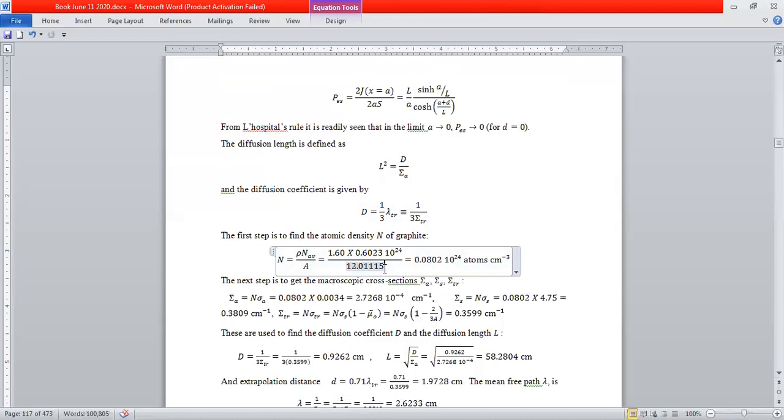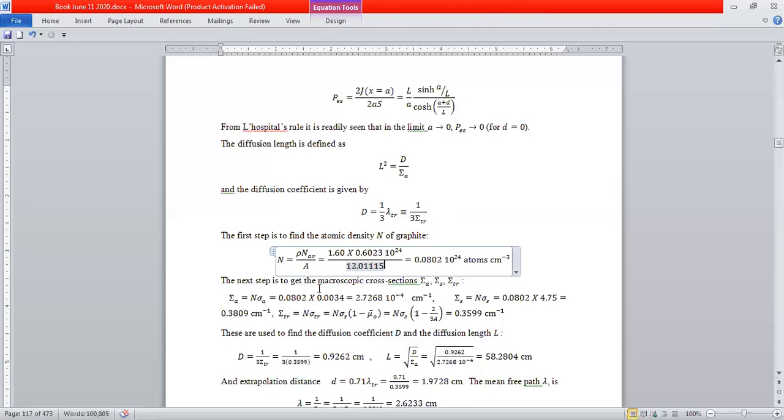You must know that it's grams per gram atom. So here's the density, here's Avogadro's number, here's the atomic density. Atomic density means atoms per cubic centimeter. And these really are atoms, they're not molecules, because I'm considering graphite in its atomic, elemental form.